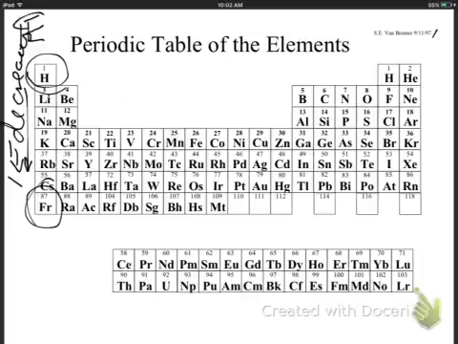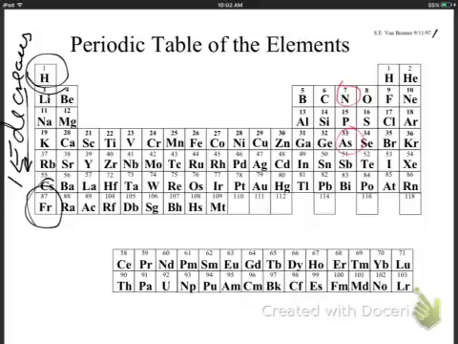So let me ask you this question. I'm going to give you 2 elements. You tell me which has lower ionization energy. Nitrogen and arsenic.